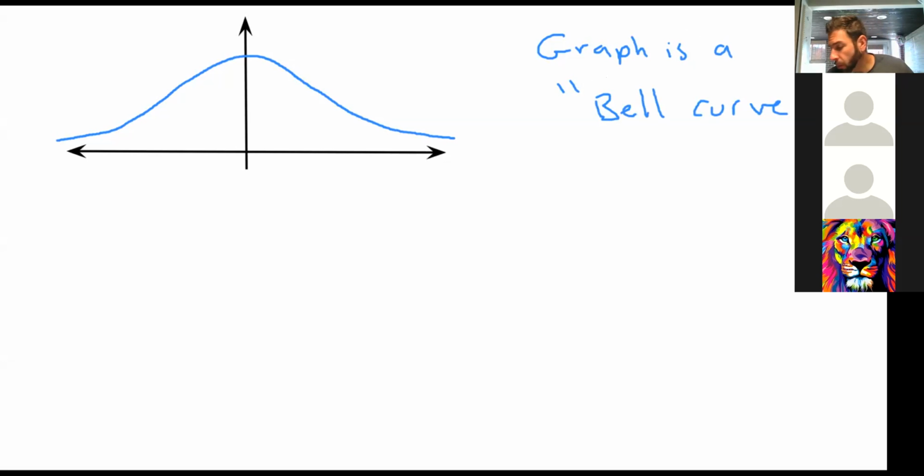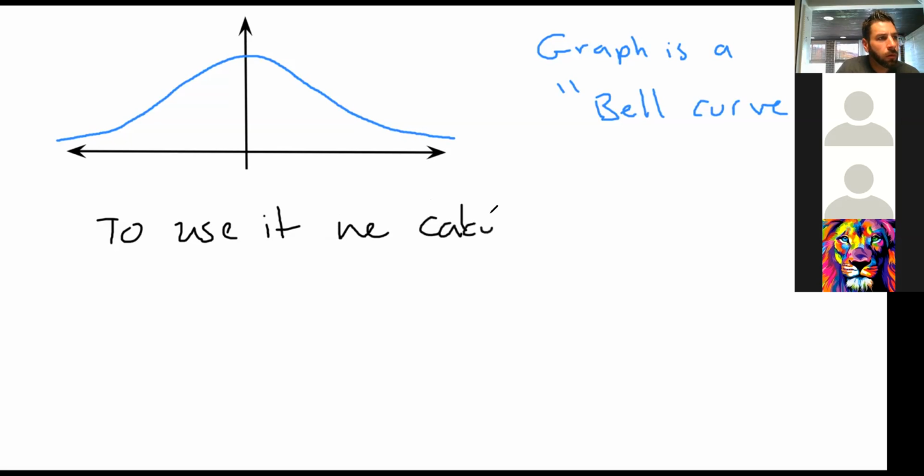Anyhow, we said a bunch about this last class, and what we'd like to know is how to use it for applications. To use it, what we do is we calculate the area, quote unquote, under the curve.